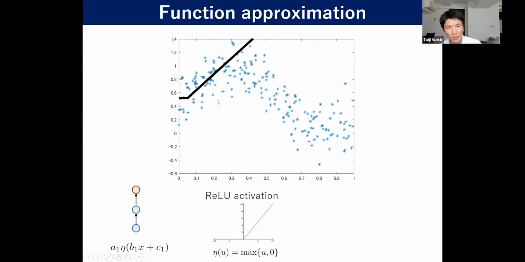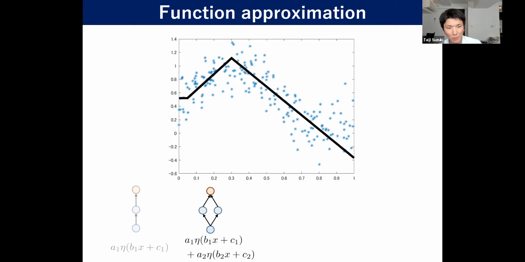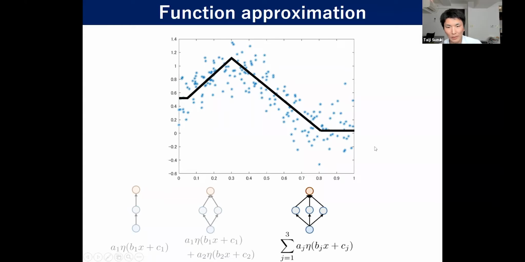So you see, the fit is a little bit good around here, but it is not good around here. It doesn't give any explanation about here. Therefore, we need some more neurons. So we add another neuron, and then we get a better fit. The fitting becomes much better, but this is not a completely good fit. So we add another neuron, and then we get this fit.